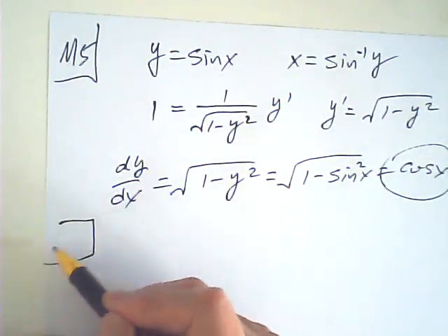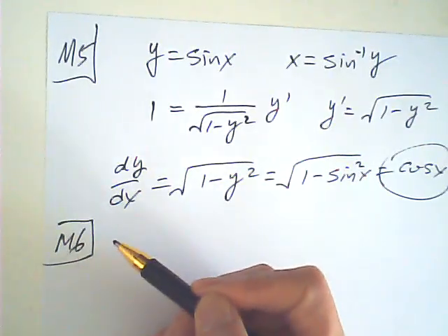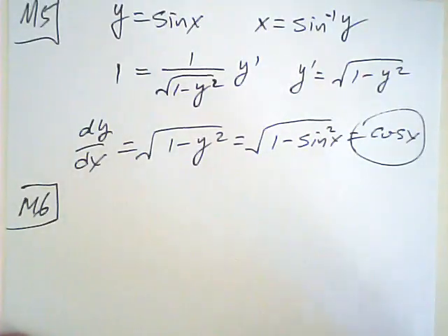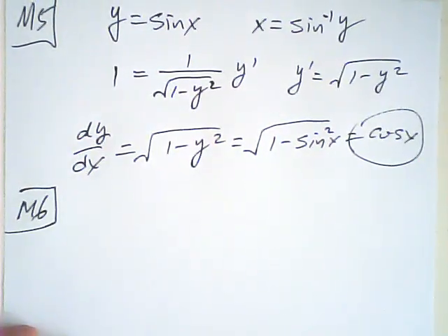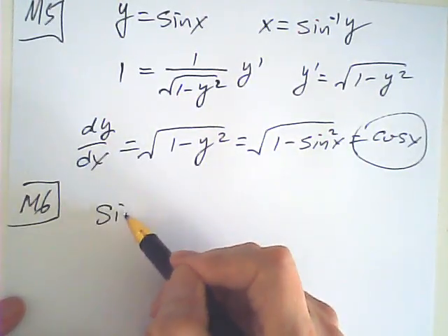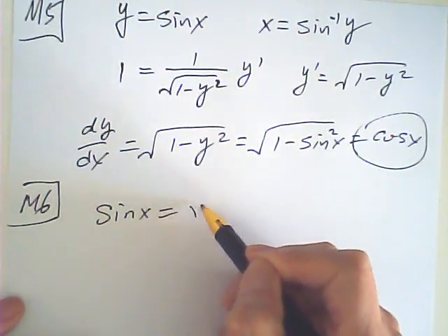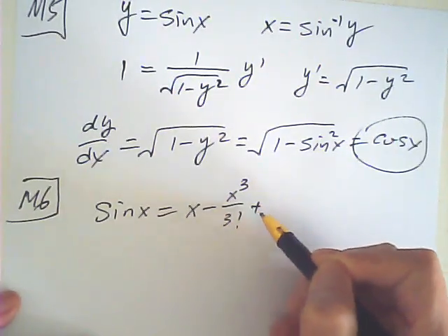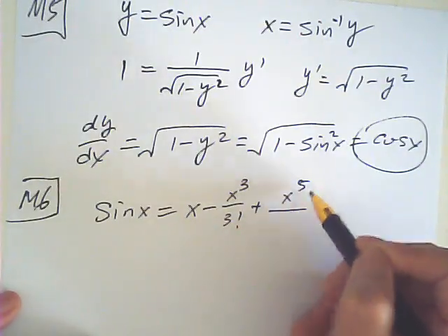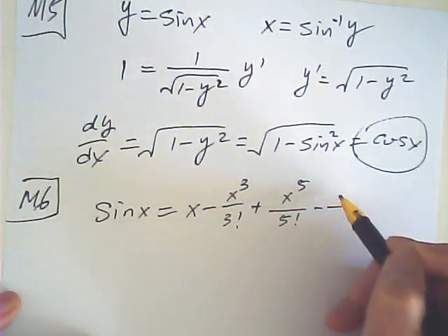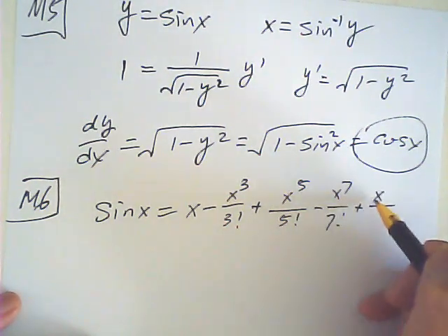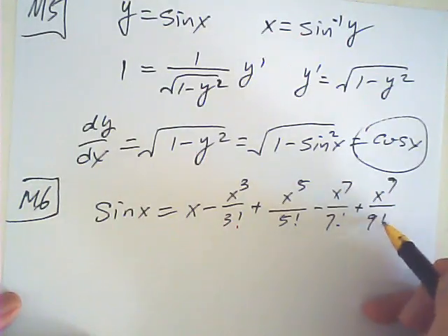Method 6. Okay, method 6, I'm using the Maclaurin series, right? Sine x is equal to x minus x cubed over 3 factorial plus x to the 5 over 5 factorial minus x to the 7 over 7 factorial plus x to the 9 over 9 factorial.